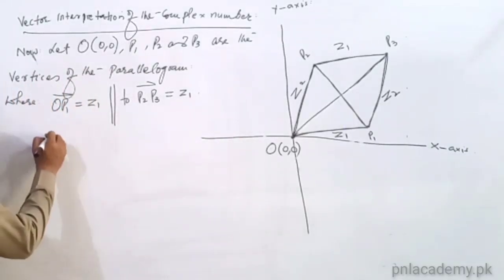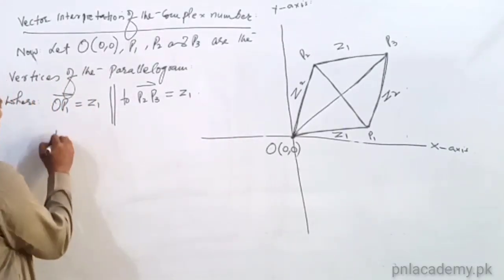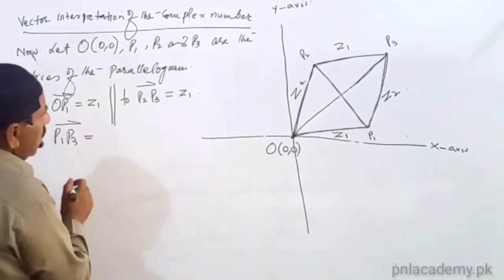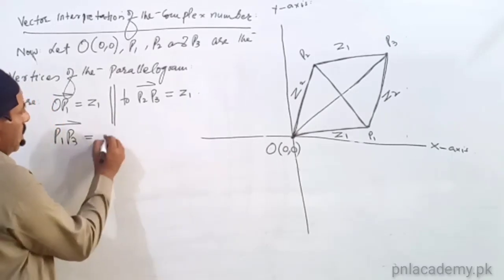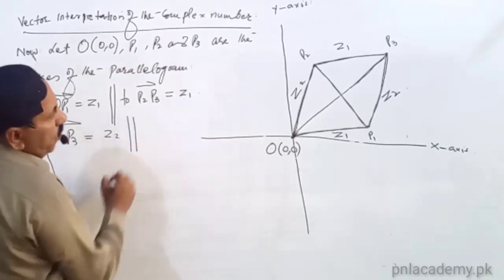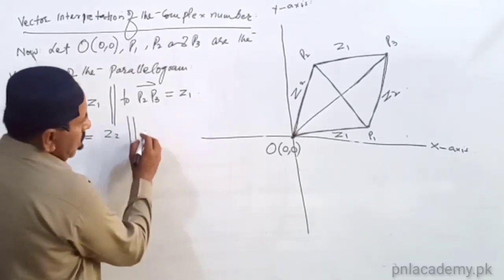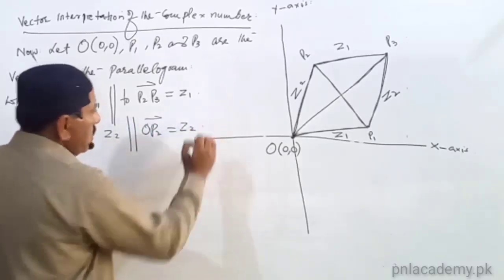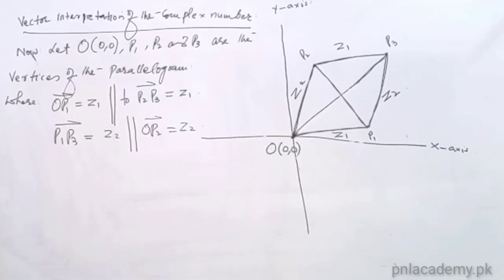P1P3 is equal to Z2, which is parallel to OP2, also equal to Z2.